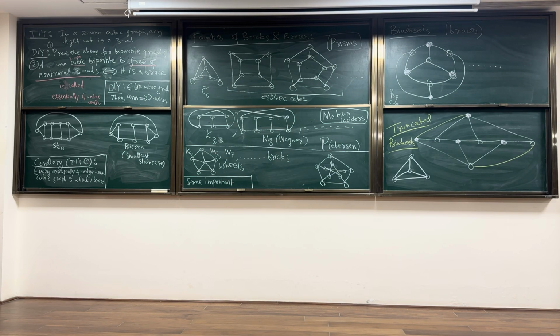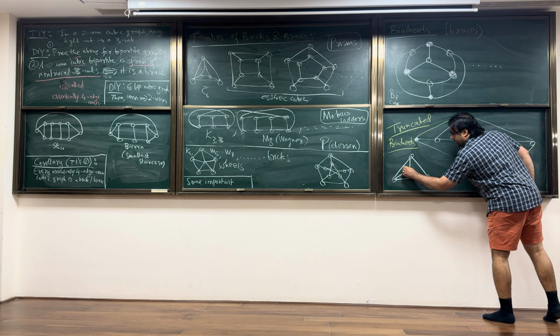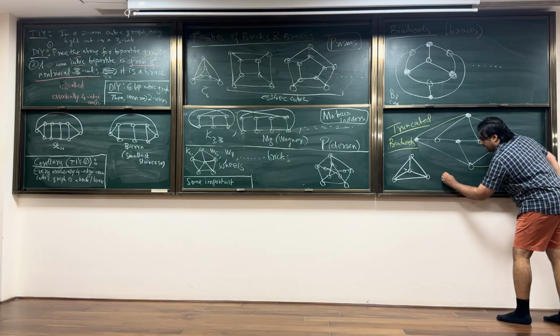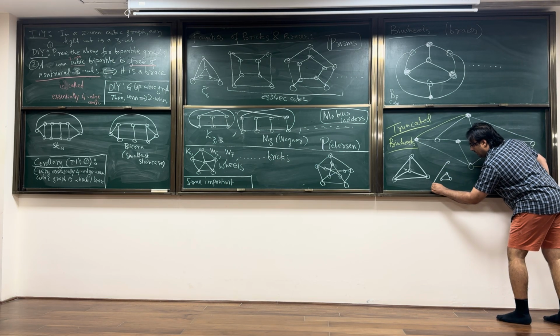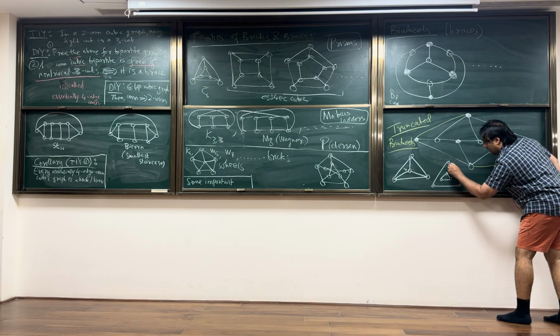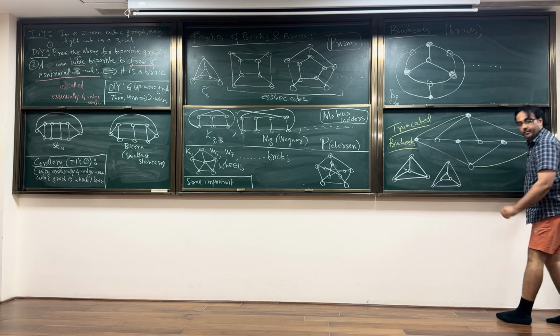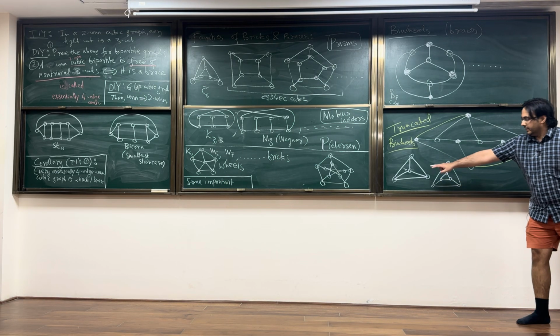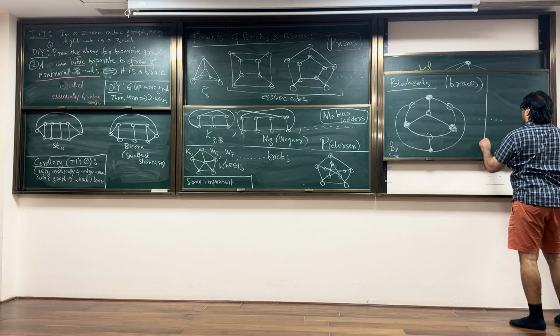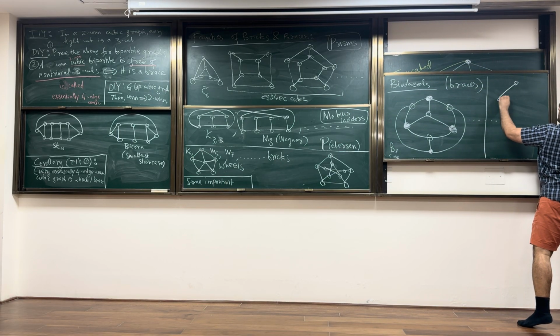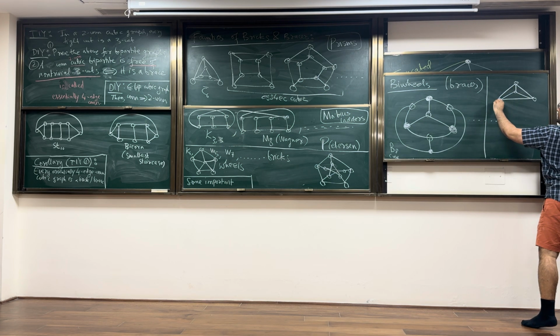Right, so let's do an example. Supposing I splice at this vertex, that is the same as this graph, right? If I splice at 2 vertices, so let's do this and this.